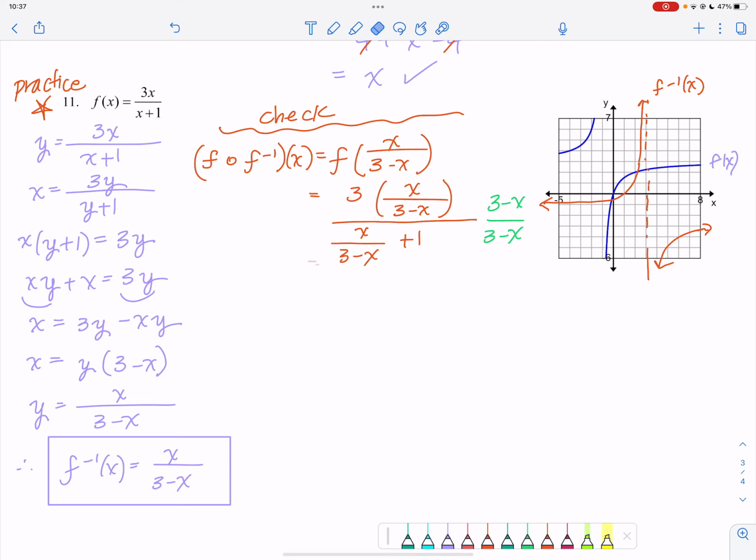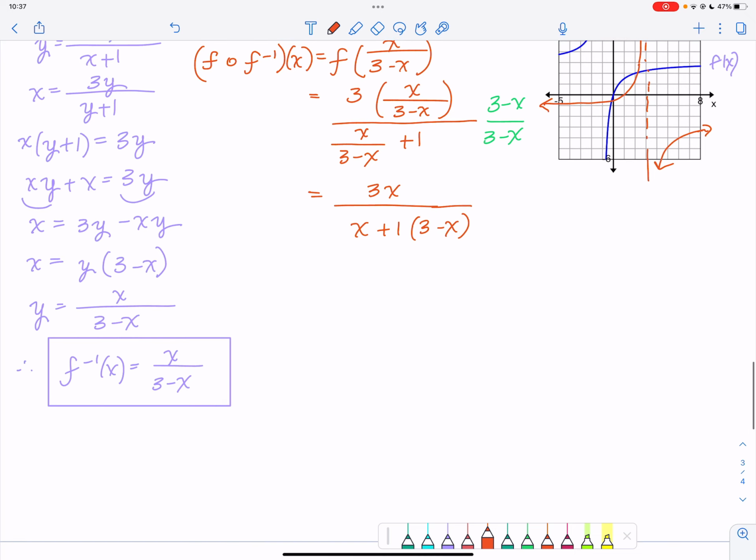And now you can really see that complex fraction. So we're going to have 3x divided by x plus 1 times 3 minus x. That's equal to 3x divided by x plus 3 minus x. And as you can see, that's 3x divided by 3, and that's equal to x.